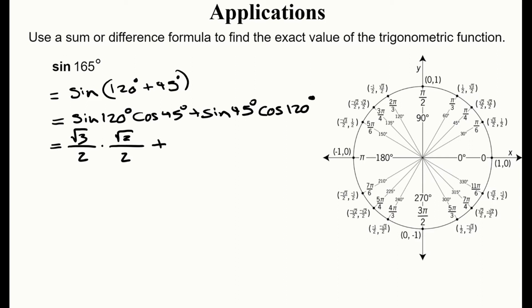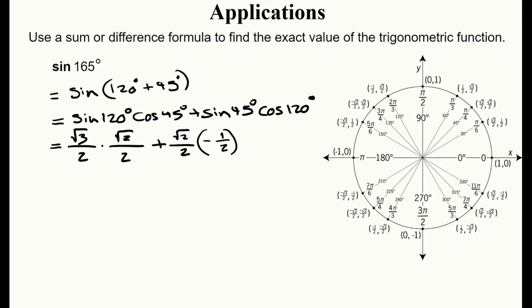sine of 45, which we know is also square root of 2 over 2, times the cosine of 120, which we know is negative 1/2 because it falls in the second quadrant.